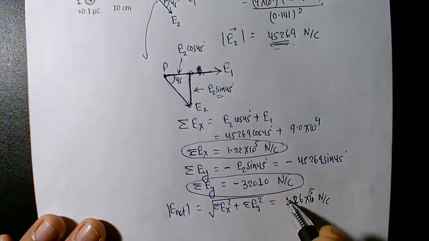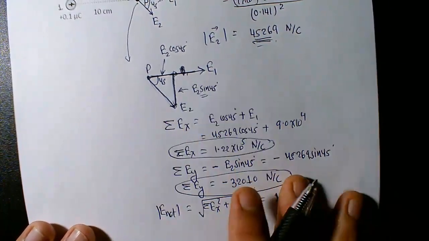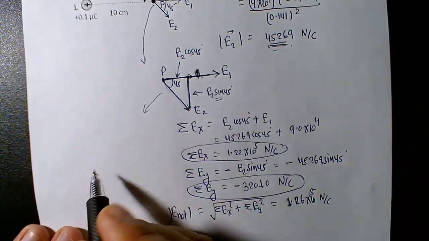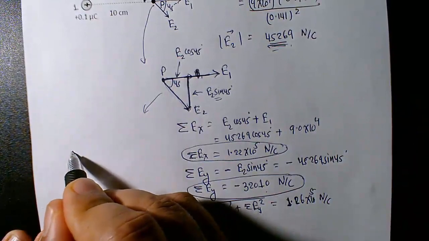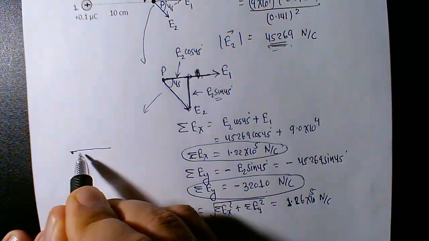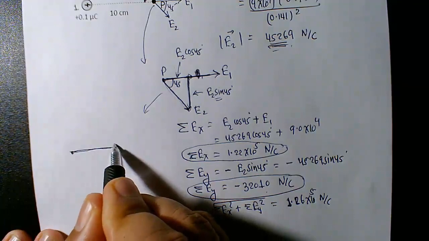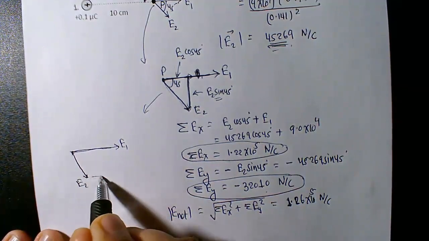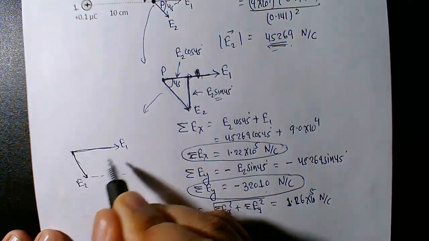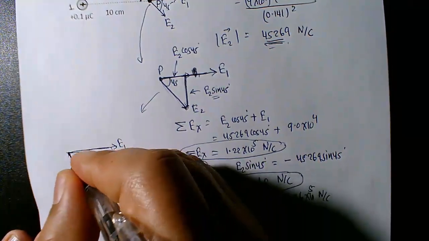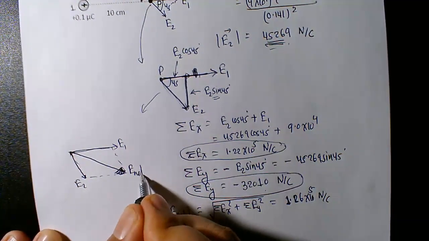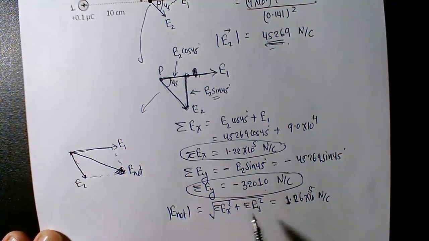But that's not completed yet, because we also need to find the direction. Let me draw this here again. Because of E1 and E2, we know that the net electric field from the parallelogram method will be in this direction. This is the magnitude of the net electric field that we just found.